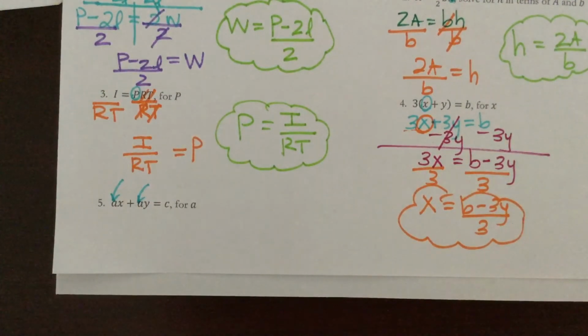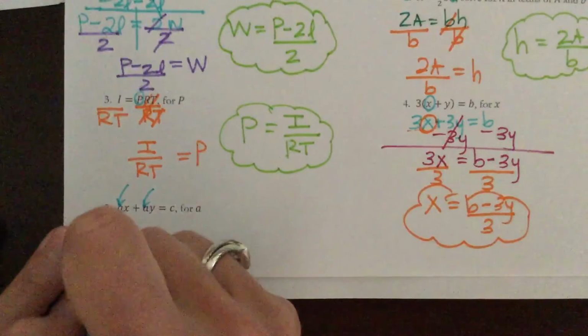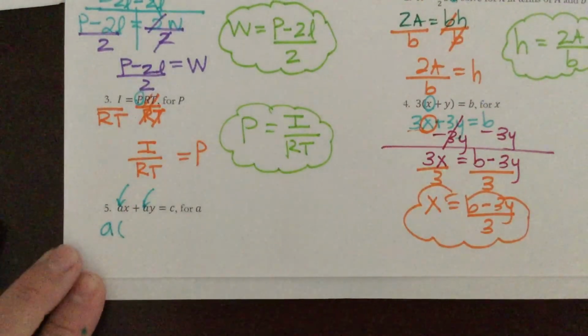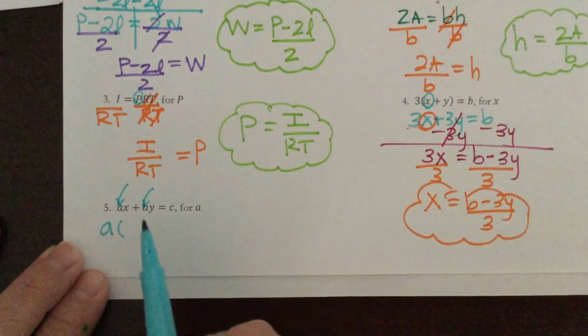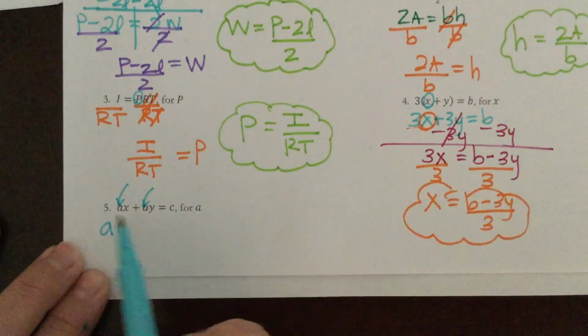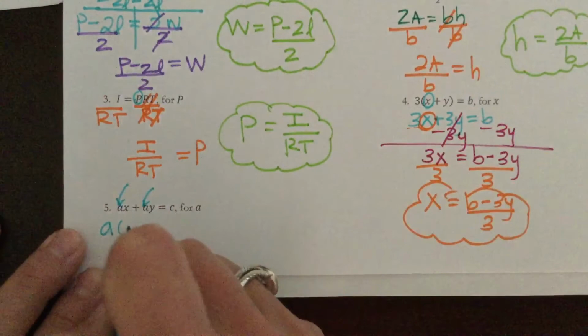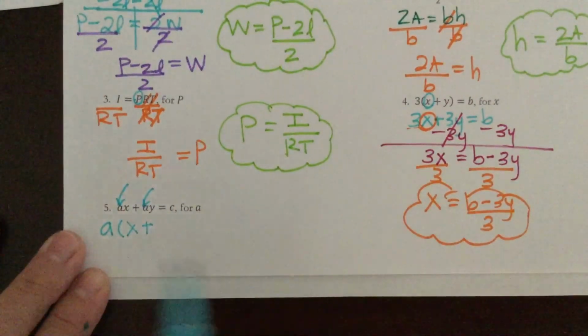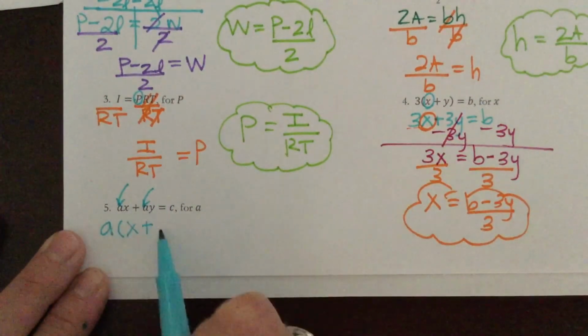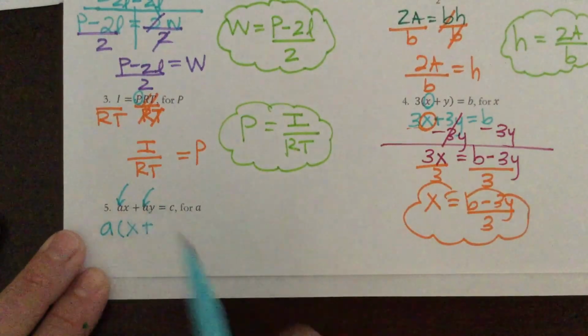In other words, we took out what those two terms shared in common. Since both of these terms share an a, I can take the a out. And if I think about what I would need to multiply a by if I were going to distribute back in, a times what would make ax? X. And then if I were going to distribute here, a times what would make this ay?